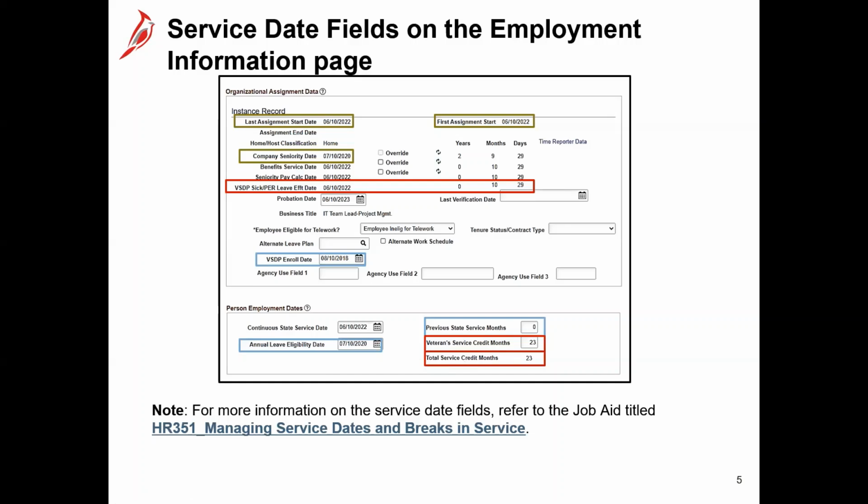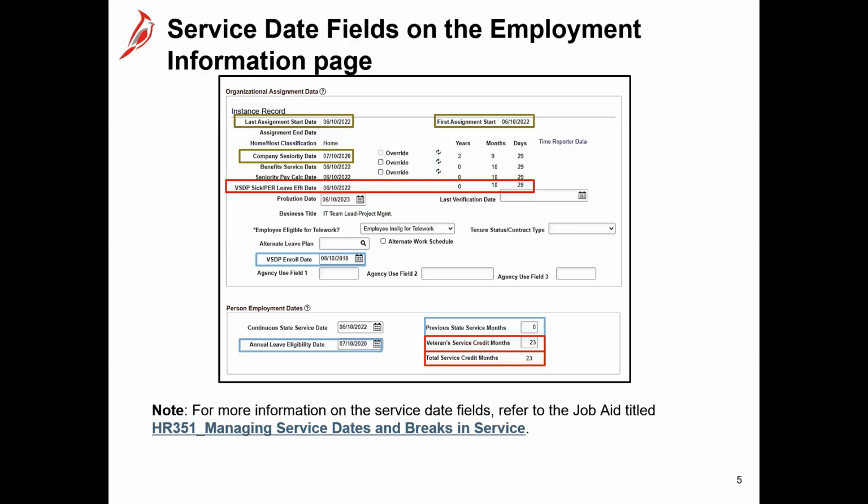This is a field that's automatically generated based on the information added in the previous state service months field, as well as the Veteran Service Credit Months field. This total service credit months will be used to adjust the annual leave eligibility date field. Okay.